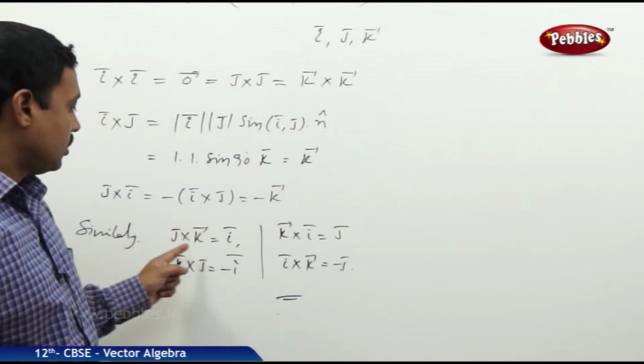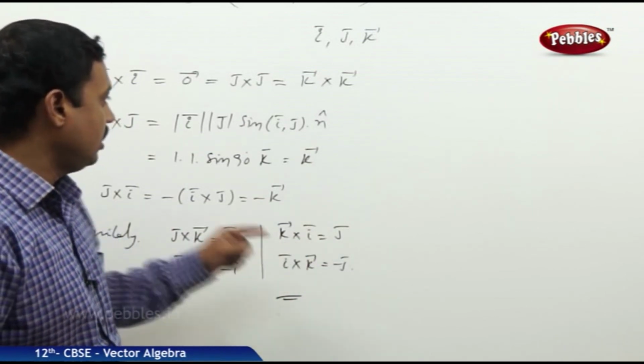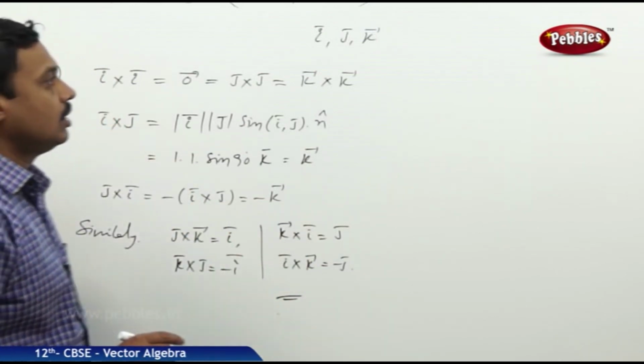So j cross k is I, k cross I is j, and I cross j is k.